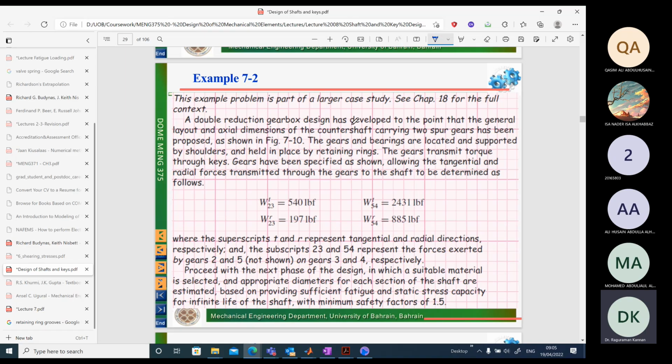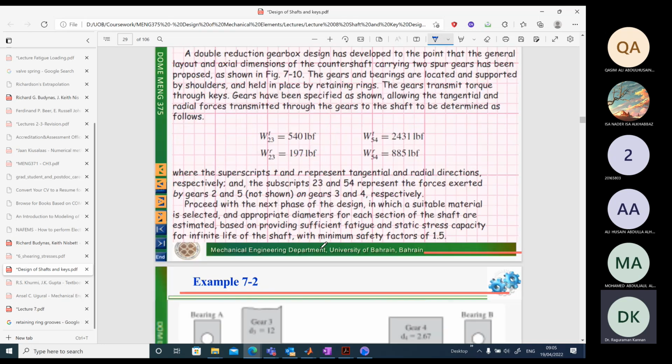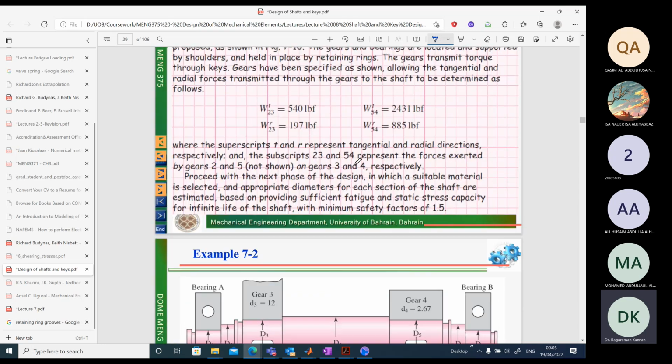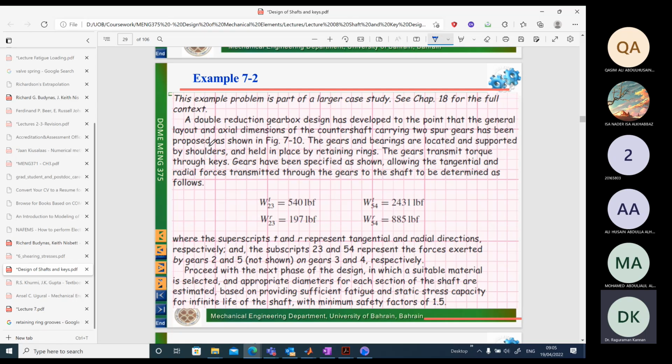A double reduction gearbox design has developed to the point that the general layout and axial dimensions of the countershaft carrying two spur gears has been proposed. So it has been proposed already. The length of the shaft is already decided.